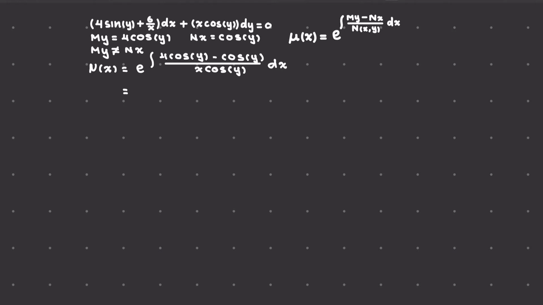So our numerator will be 3 cosine y, and our denominator will still be x cosine y, dx. We can cross out the cosine y, and this gives us e to the integration of 3 over x dx.